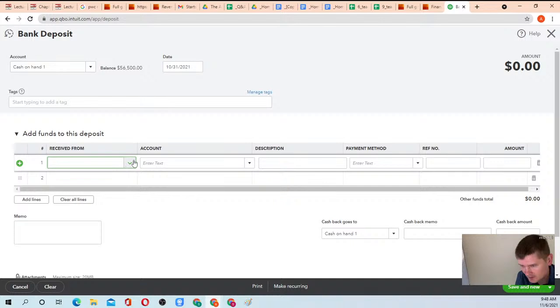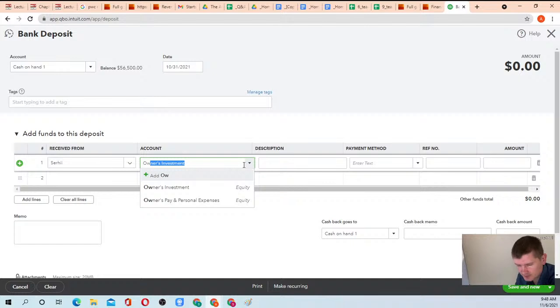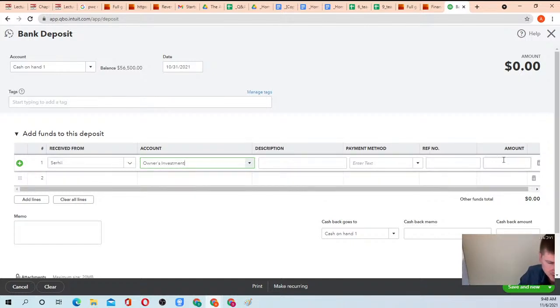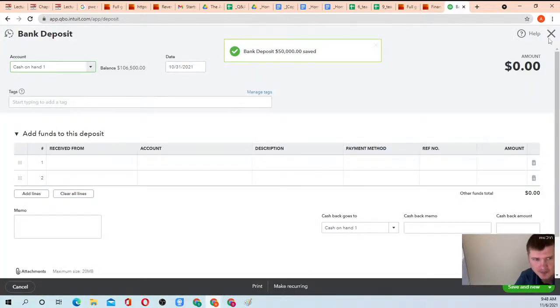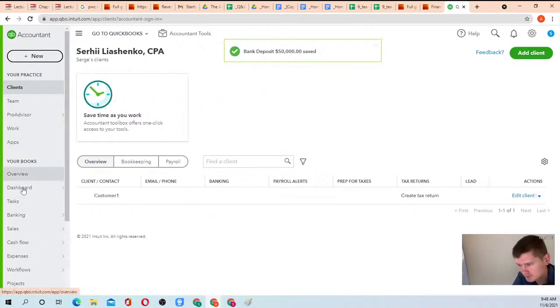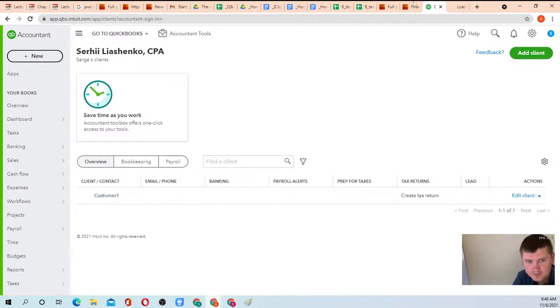Okay, so that should be the owner's investment, and we can put any amount here, 50,000. Saved and new. Let's now open reporting in a new tab.